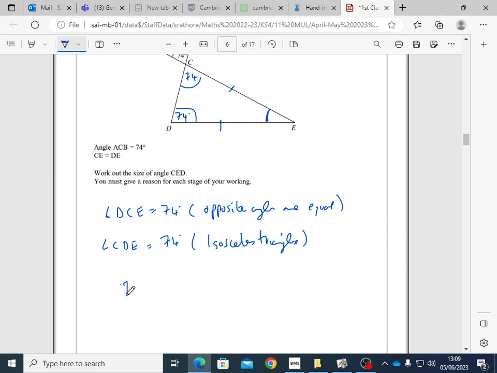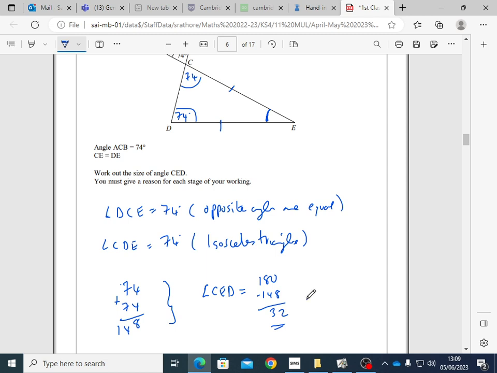And now my last reason. So I'm going to do 74 add 74, gives me 148, and then I'm going to say angle CED is equal to 180 minus 148, which is going to give me 32, yeah?